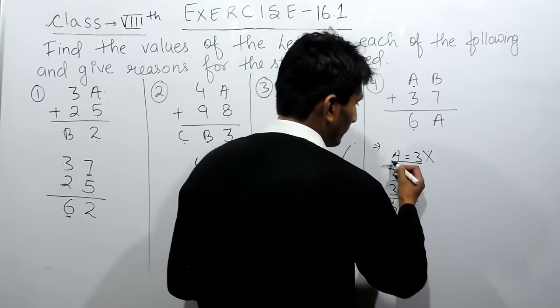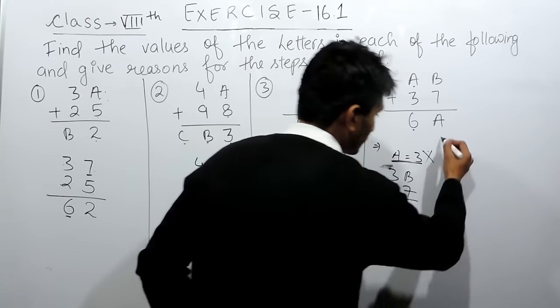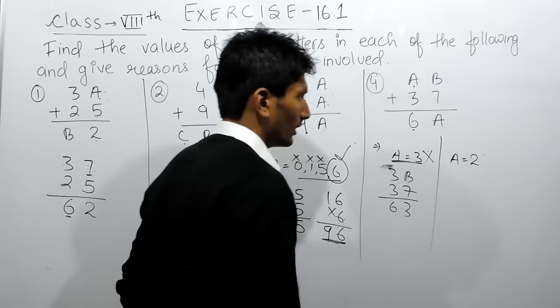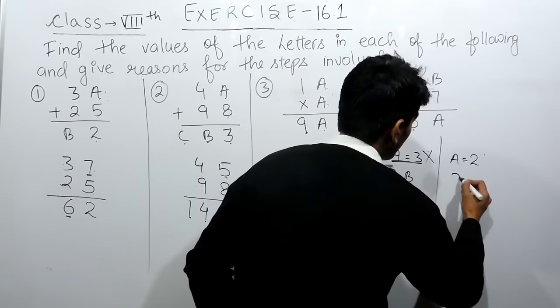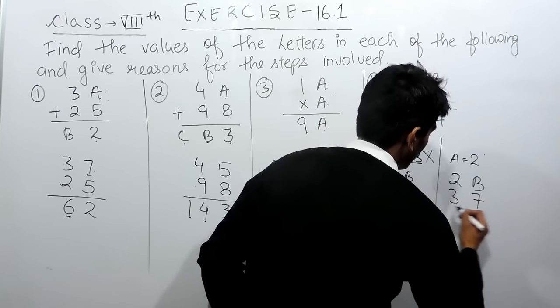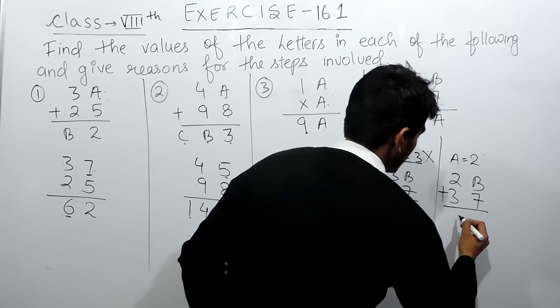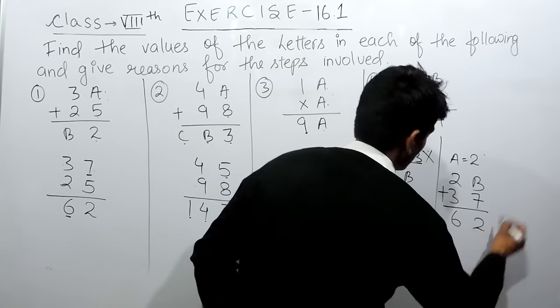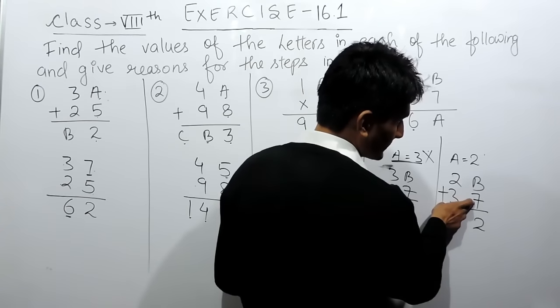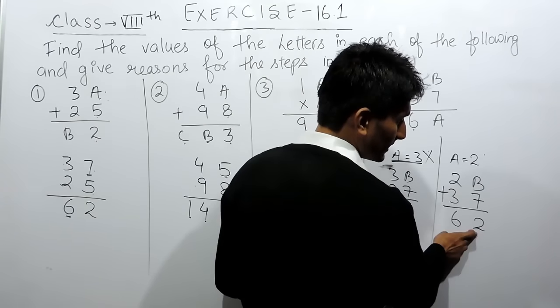So if 3 is not the correct answer, let's suppose the value of a here as 2. In that case, this value will become 2, b, 3, 7, and this is plus, this is 6, and this is 2. In that case, this is 7 plus something and the result is 12.